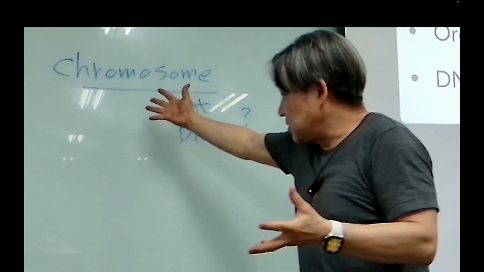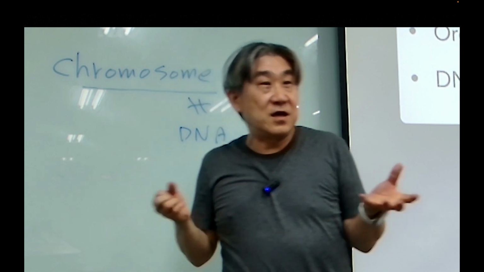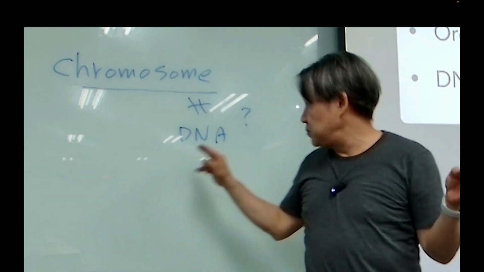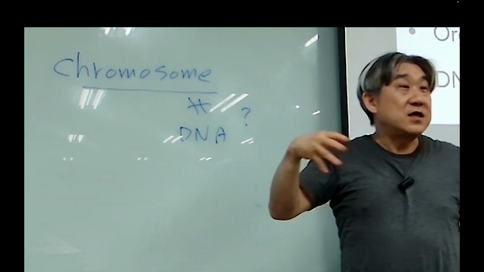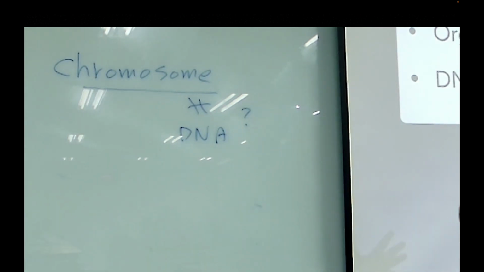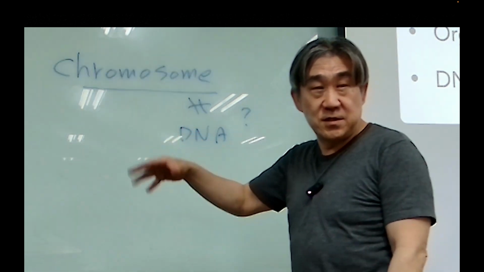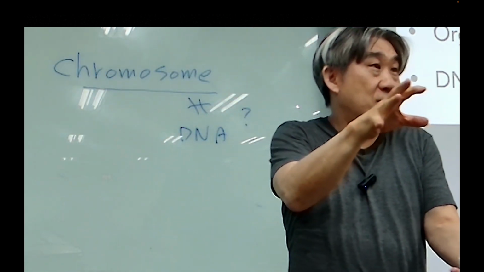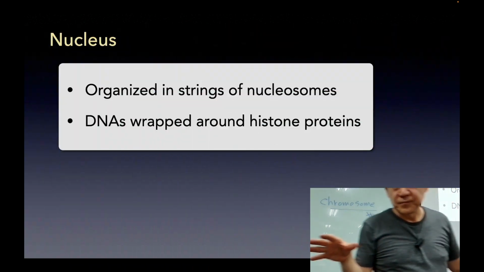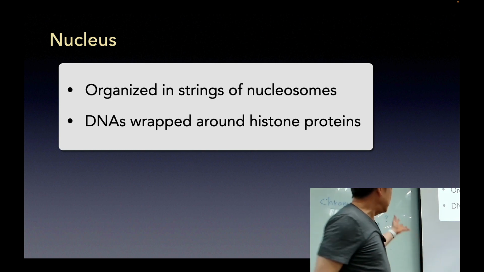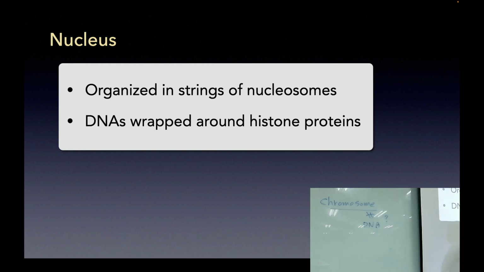So chromosome is a structure containing the DNA, and DNA serves as our genes, but there is something more, which is the proteins embedded in it. This is what DNA is wrapped around. This is the name of that most common chromosomal protein, the histone.